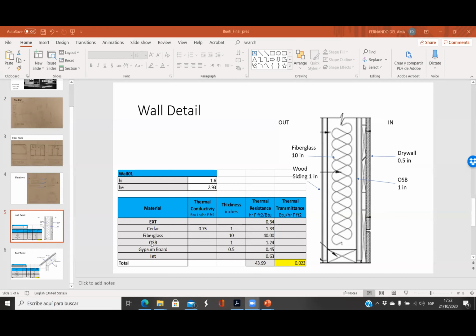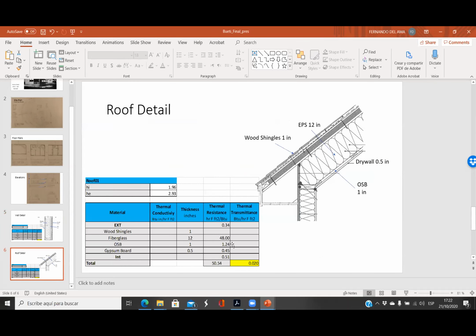Anyway, this is good, because with 10 inches of fiberglass, you don't meet the passive house standards. So by adding a couple of inches, 2 or 3 inches of extruded polystyrene or EPS outdoors, you will be above 50. Okay, so that's a good option.